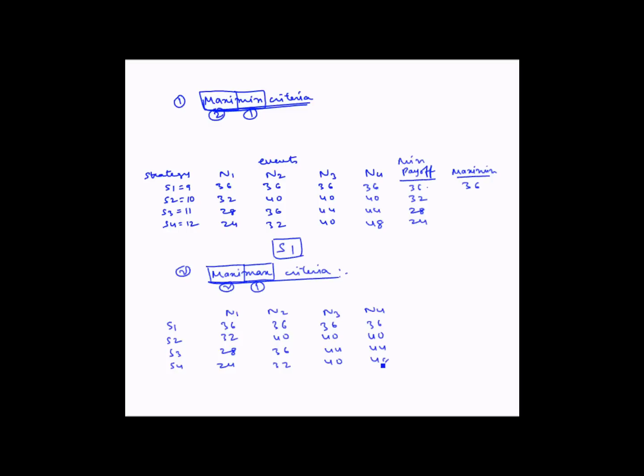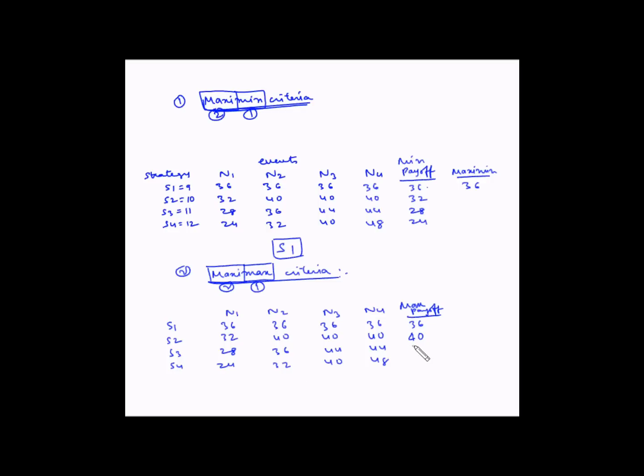Now let's first find the maximum payoff for the strategies. So max payoff. For the first strategy, everything is 36, so 36 is the maximum. For the second strategy, 40 is the maximum.